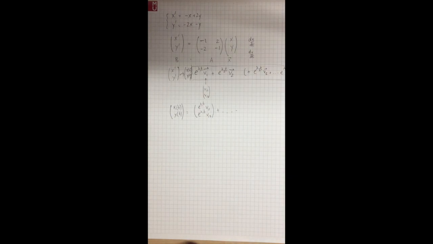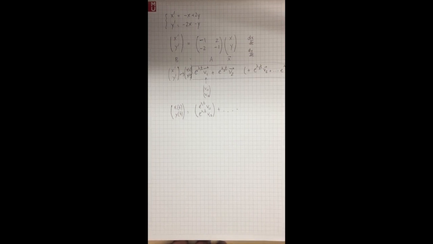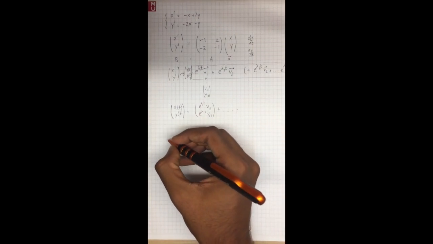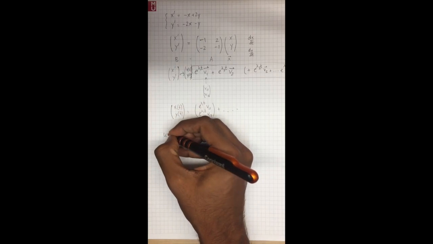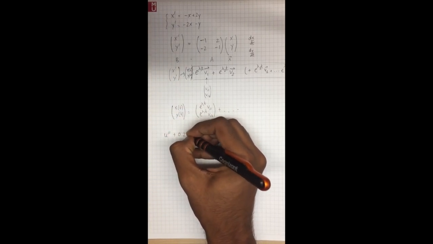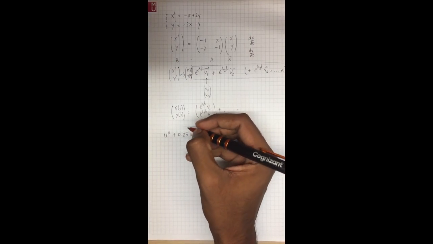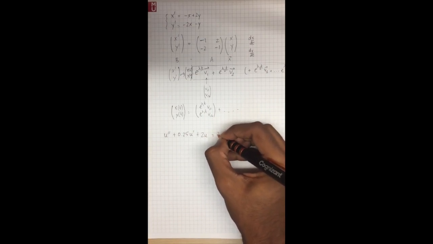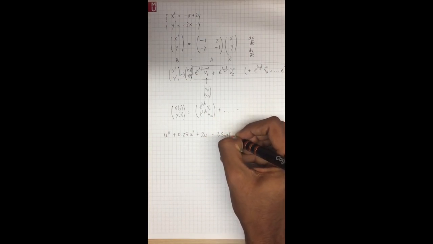So I'm just going to start off the example in this video, and I will continue the explanation in the next video. Let's say, for example, we have a second order differential equation that looks something like this: u double prime plus 0.25 u prime plus 2u is equal to 3 sine t.